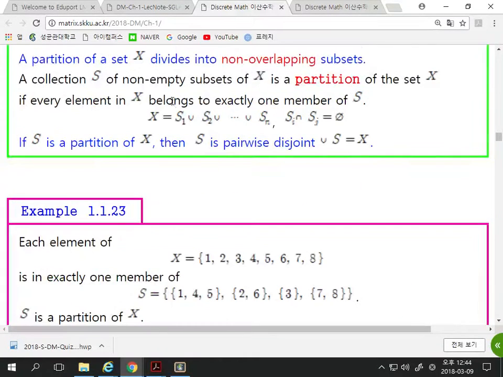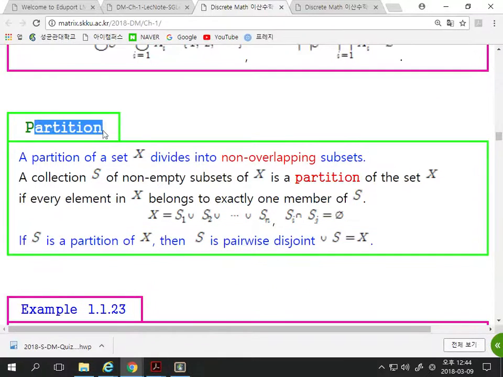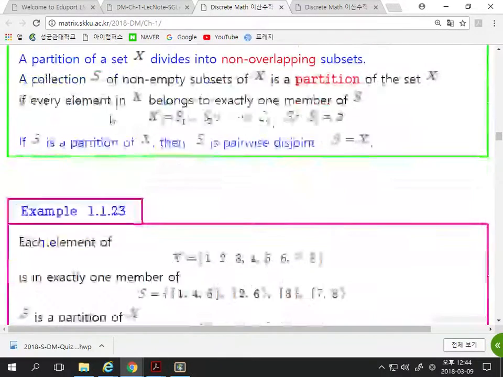This is important when you do counting. When you want to count everything, you may have to slice it into cases and count each case to get the whole number of possibilities. Okay? So this is an important concept that you're going to see over and over again.